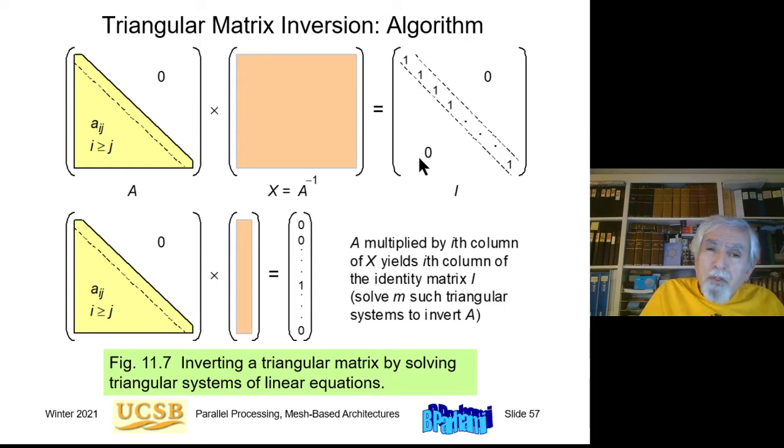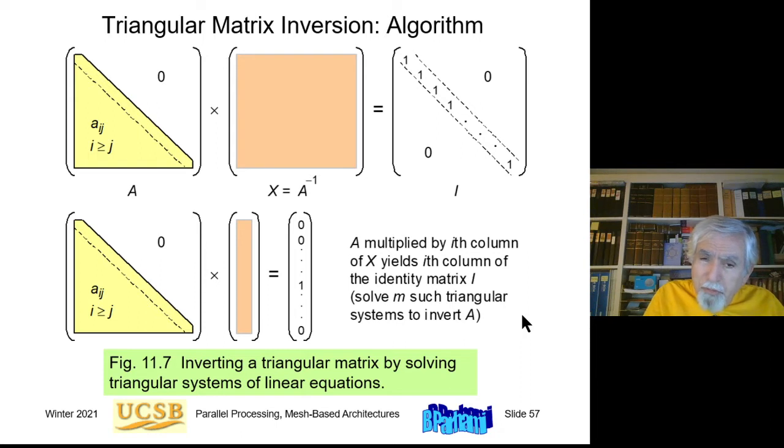So each column of the inverse matrix is determined by solving a triangular system of linear equations, the right-hand side being the different columns of this identity matrix. So A multiplied by the ith column of X yields the ith column of the identity matrix.